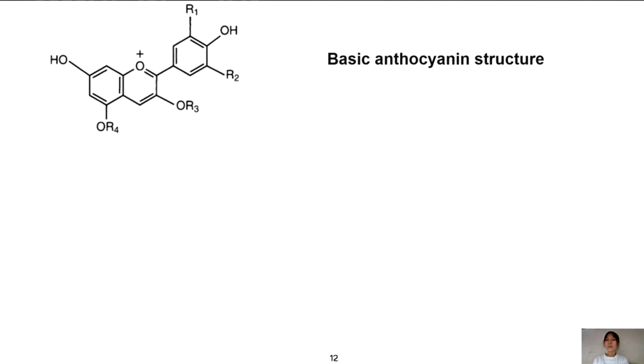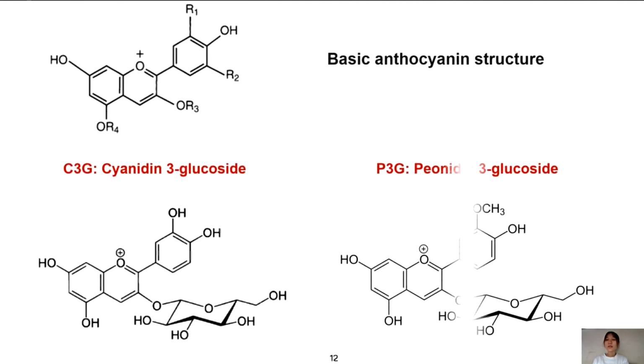This is the basic structure of anthocyanin, and here are the specific structures of the 2 anthocyanins. Moreover, cyanidin-3-glucoside, which is abundant in pigmented rice, has been known to exert strong antioxidant activity due to 2 hydroxyl groups on the B ring.